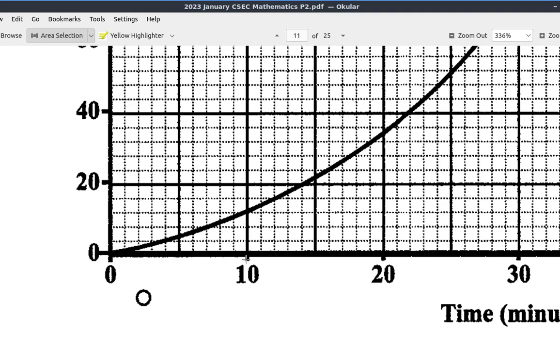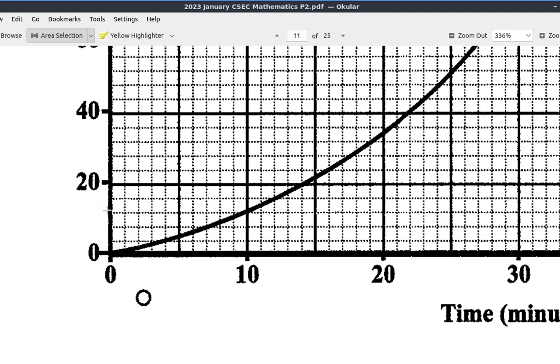This is 10, and this here would be at 11. What we're going to do now is look at halfway between 10 and 11. If you go up to the curve, then we project to the left. We are right here.